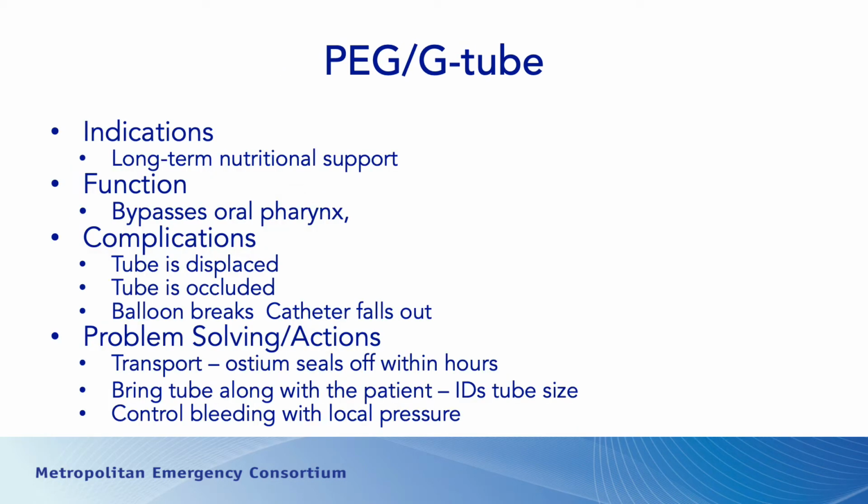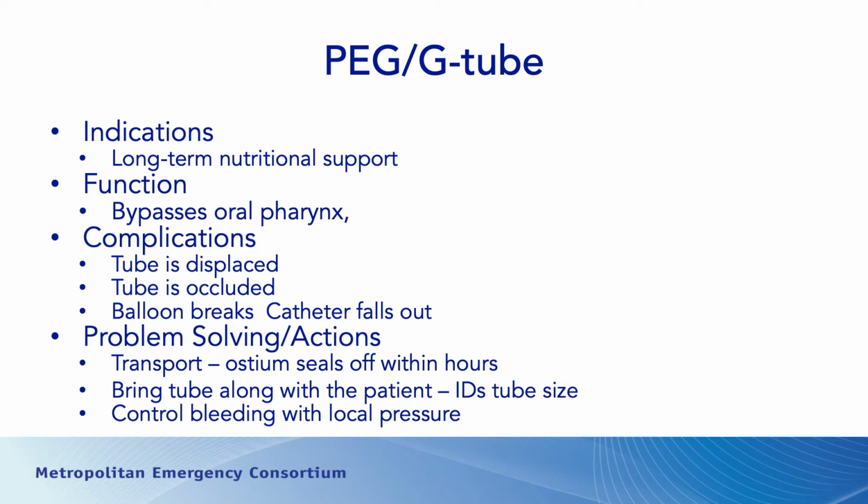So PEG tubes, or G tubes, we use them for long-term nutritional support. These tubes bypass the mouth, so if you have a patient with an esophageal tumor that's blocking the esophagus, or a patient with head and neck cancer, or a patient who requires long-term nutritional support, you'll see a PEG tube in place.